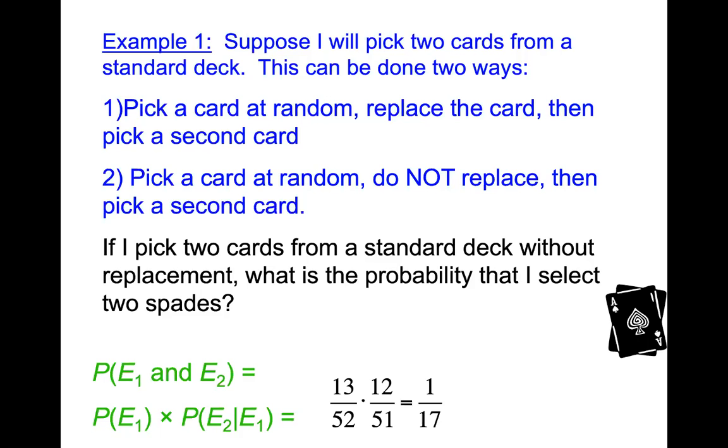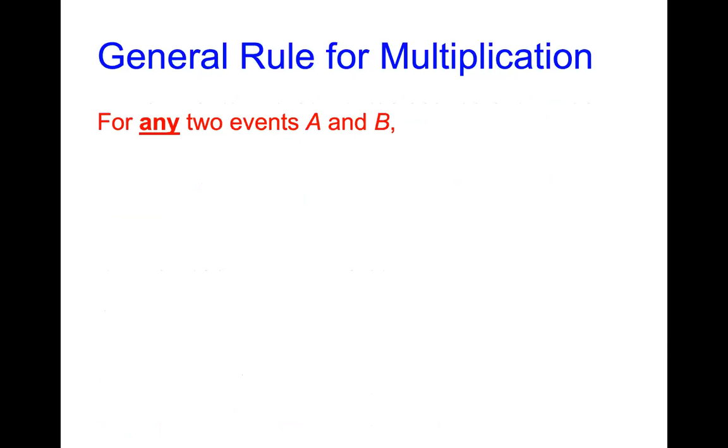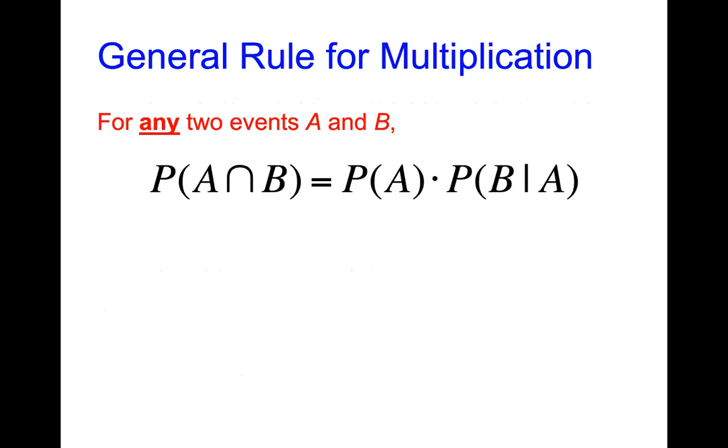Well, this leads us to our first formula. This is the general rule for multiplication. For any two events, A and B, this is your formula now for the probability of A and B. It will be the probability of A times the probability that B happens given A has already occurred.